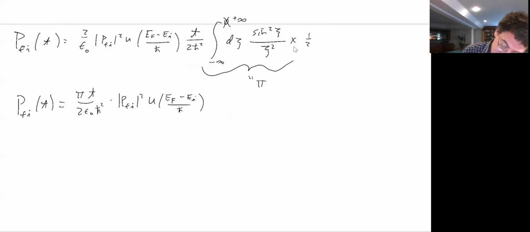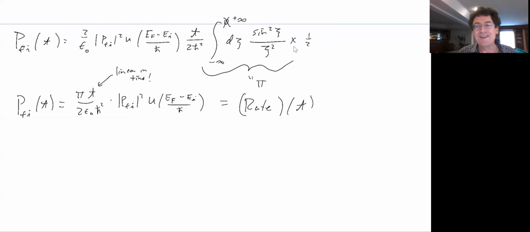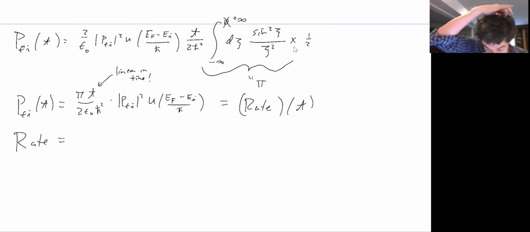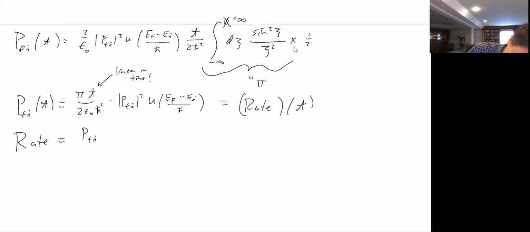And so then we see that this is a transition rate times time, because you see we have the time there. It's linear in time, and so that means it's a rate because it grows linear with time. So it's a rate times a time. And so that means that the transition rate is equal to this probability divided by time.